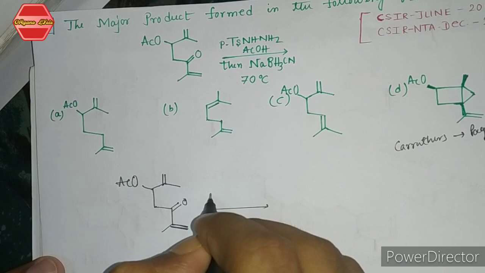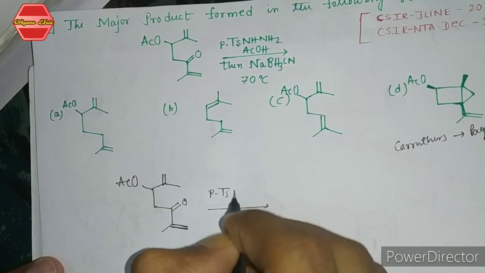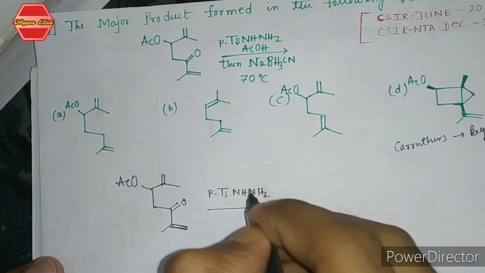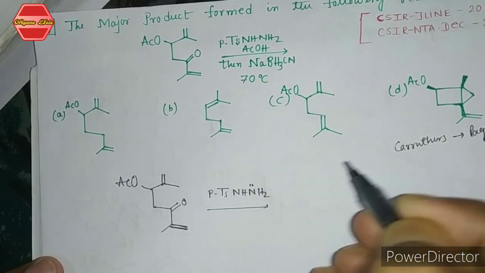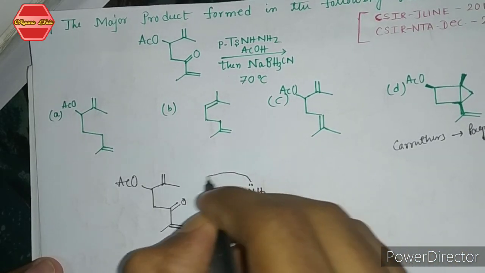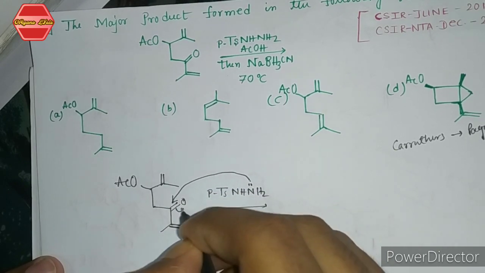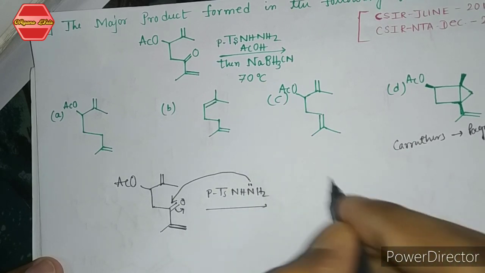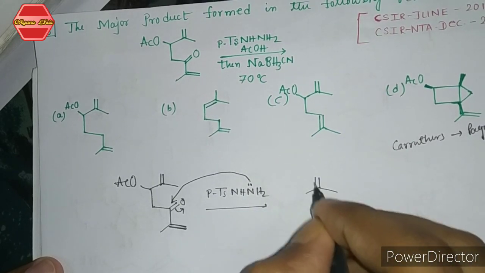Now I have given para-tosyl hydrazine. What it can do: there is a nitrogen lone pair of electrons, it can attack this carbonyl carbon, and the negative charge goes back to the oxygen atom.